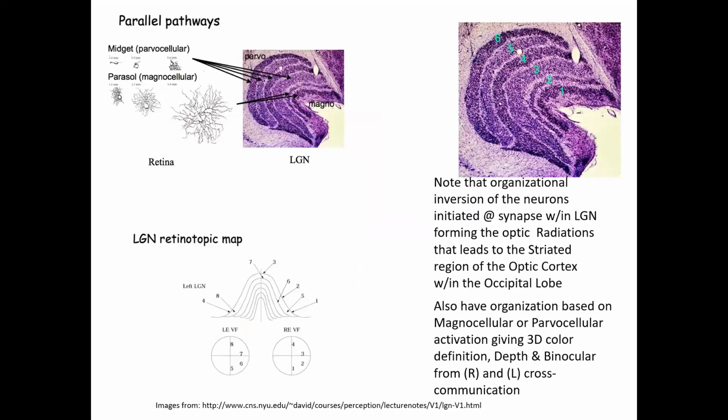Within this pathway, we get an organization within the lateral geniculate nucleus where we have a mapping of the different ganglionic cells that establishes what's referred to as a retinotopic map. This retinotopic map allows for an organization to be passed on to provide for a three-dimensional color representation that provides depth and binocularity to our visual field.